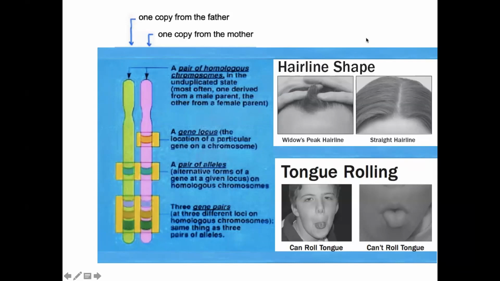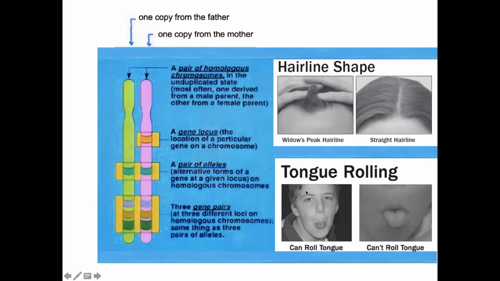One form of the gene, one allele, conditions what's called a widow's peak, and the alternative form for that gene, a different allele, conditions a straight hairline. So it's the same gene, but different forms of the gene will determine different physical manifestations of that genetic information.